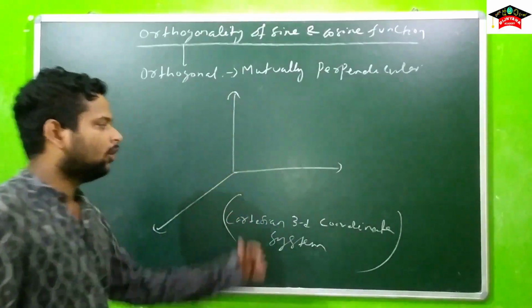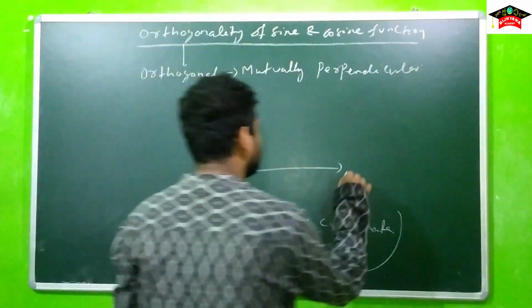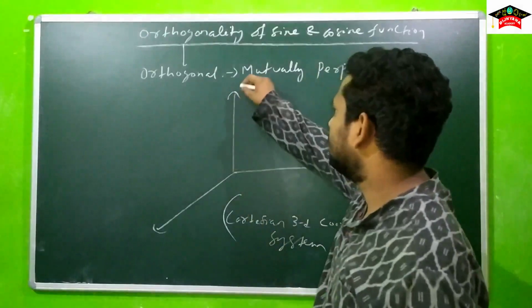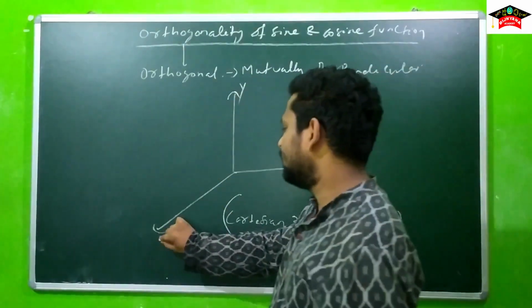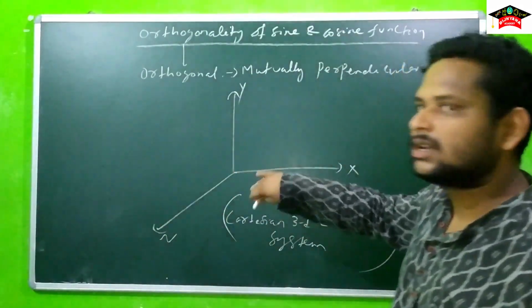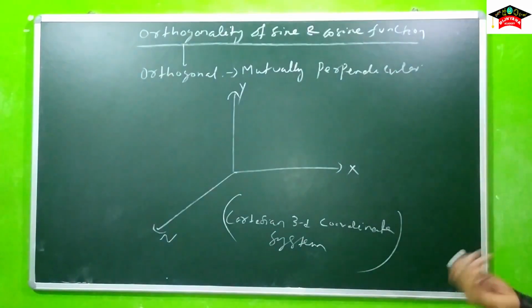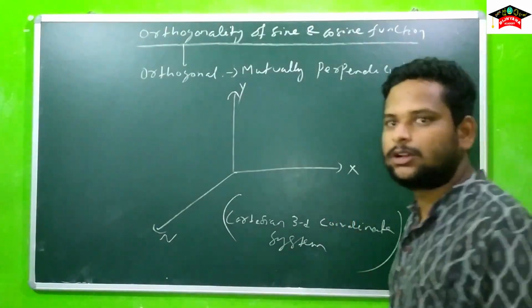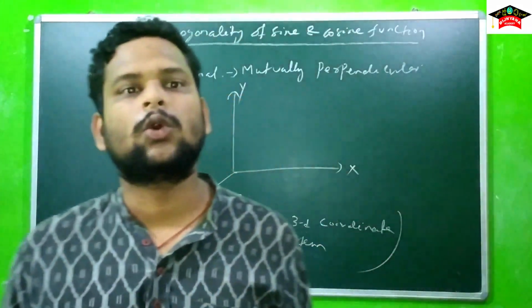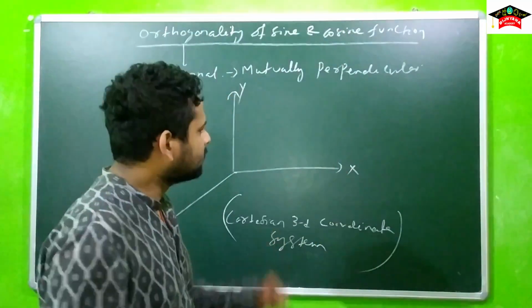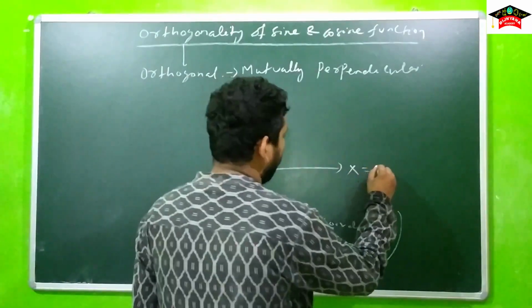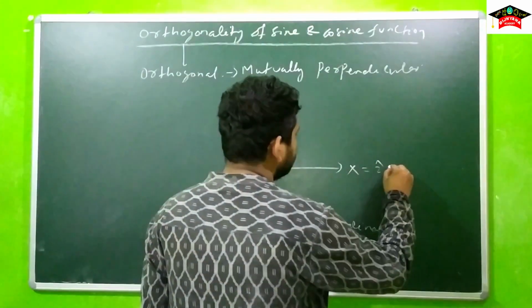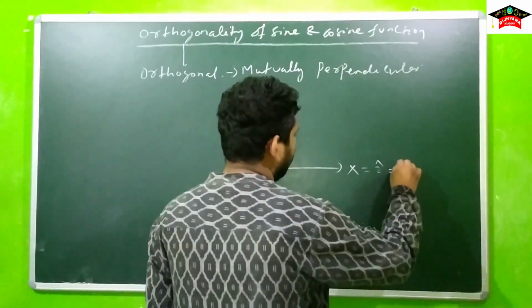In this system, we already know that one is called the x direction, another the y direction, and another the z direction. So the three directions are mutually perpendicular to each other. In the first year, in the chapter on orthogonal curvilinear coordinates, we took in the x direction the unit vector to be i cap, or otherwise called E1 cap.